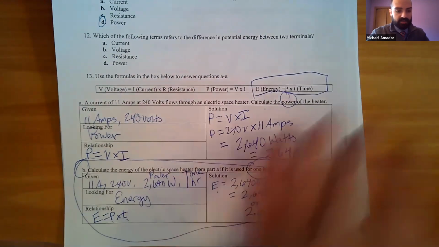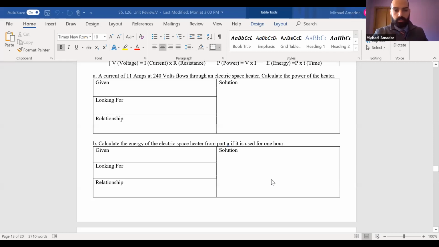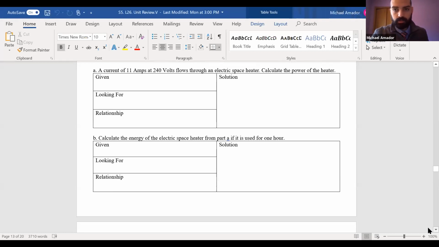Okay, let's turn to part C. I'm going to switch over to a blank page here. All right, give me a thumbs up if you see the review blank on the screen. Okay.